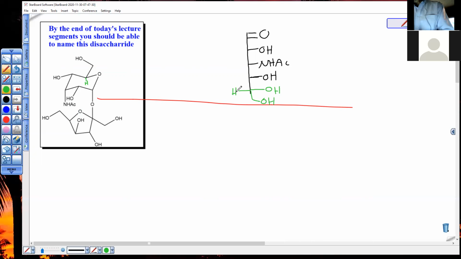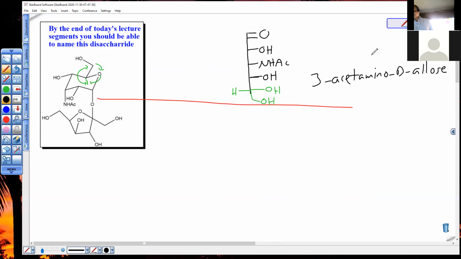And a little reminder, undoing the ring. And this is 3-acetamino-D-allose. How did I do that without looking at the handout?